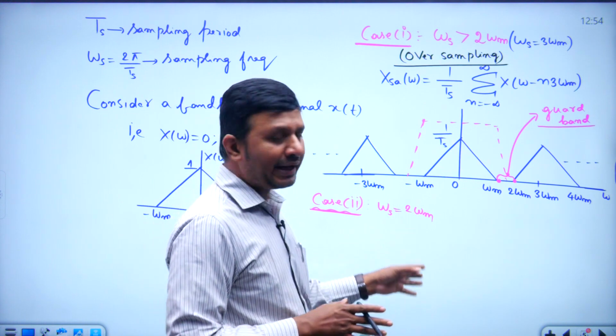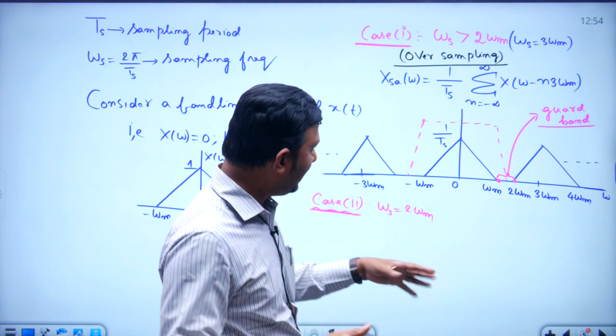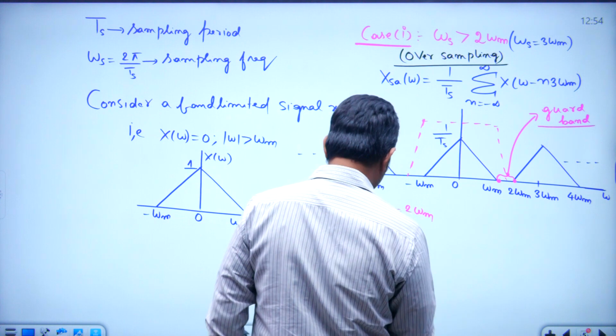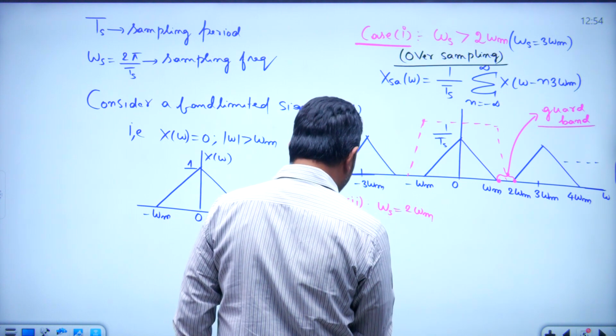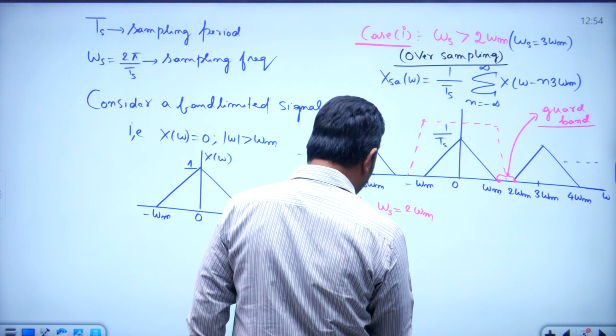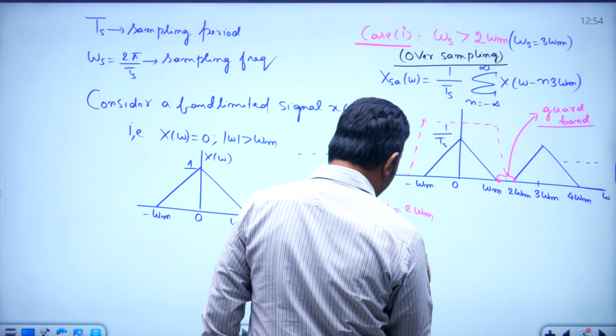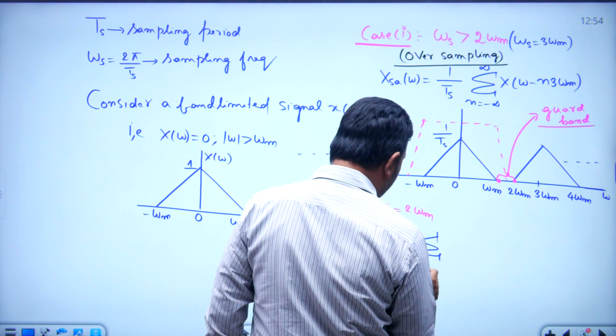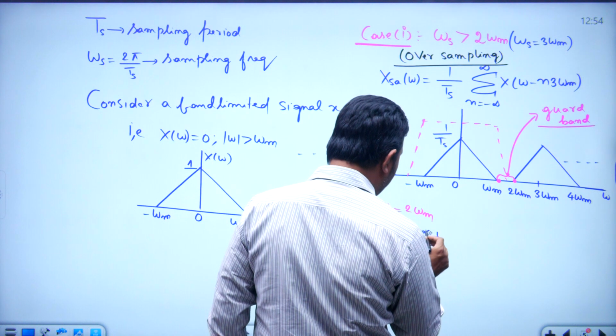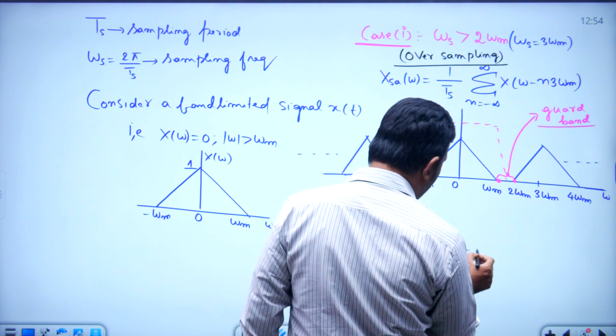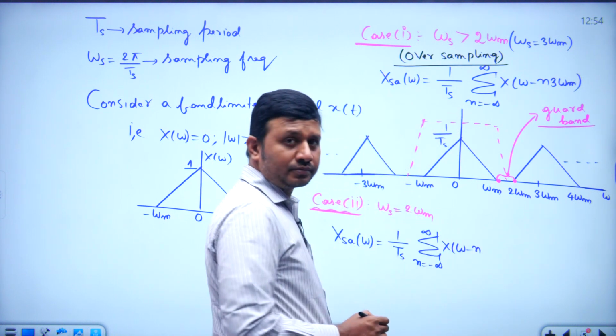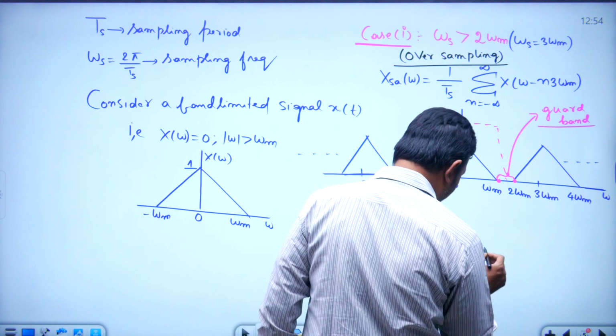Substitute the value of omega s in the sample spectrum and draw the spectrum. So what happens to the sample spectrum? X sample of omega is 1 by Ts summation n varying from minus infinity to infinity X of omega minus n omega s, where omega s is 2 omega m.